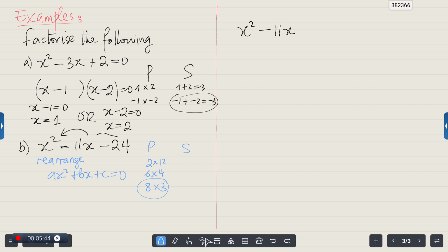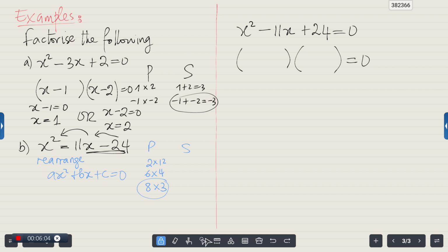We transfer the minus 24, it becomes plus 24. And since nothing is left on this side, we have equals 0. Now that we have this, we can create our factor pair.